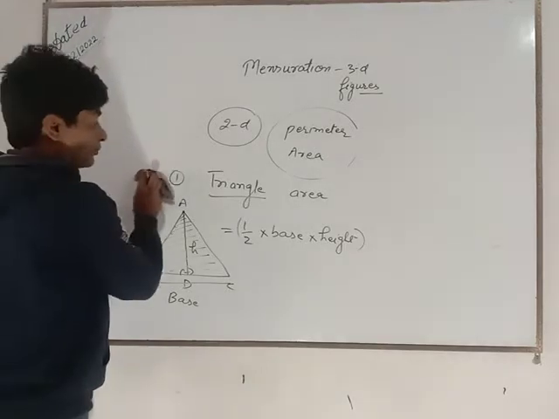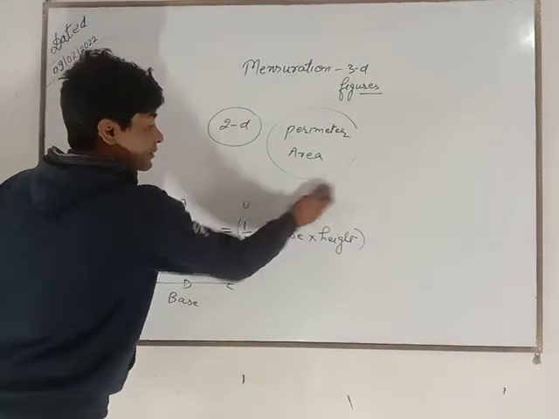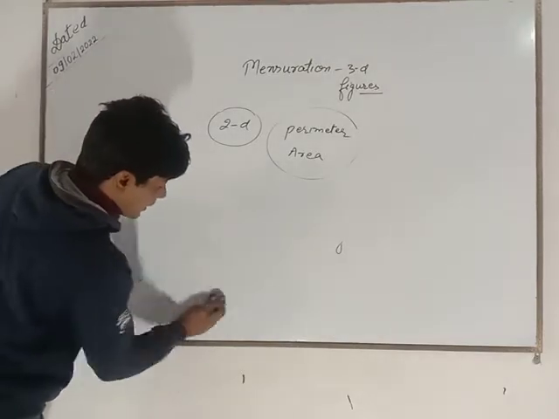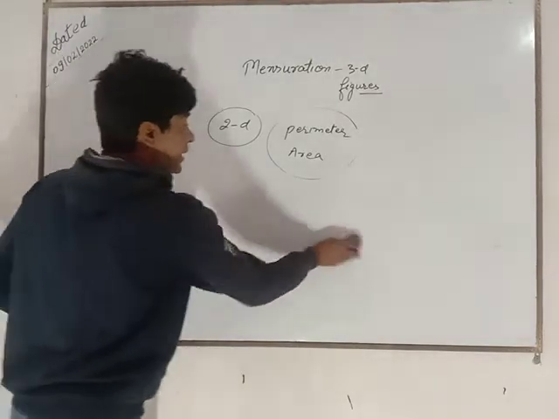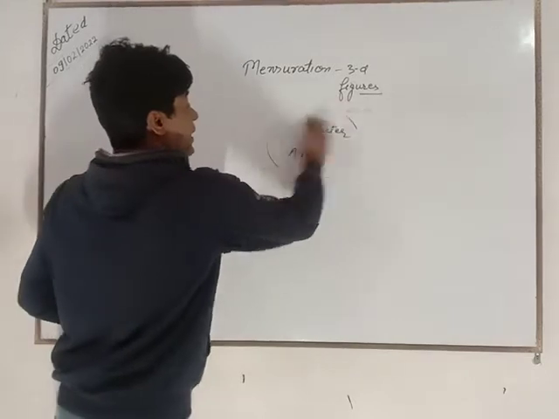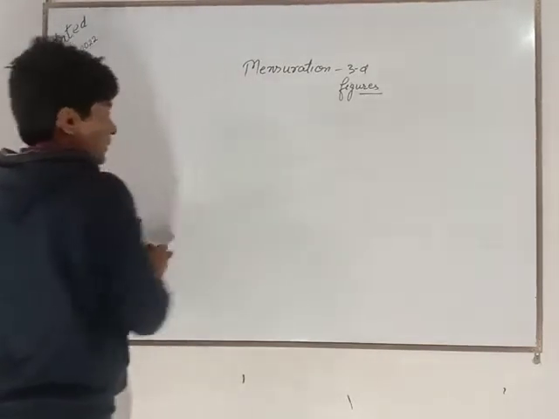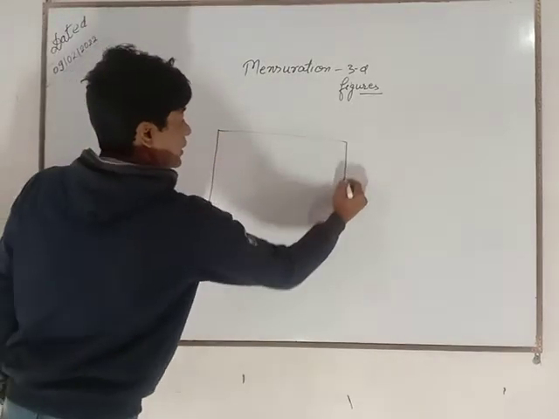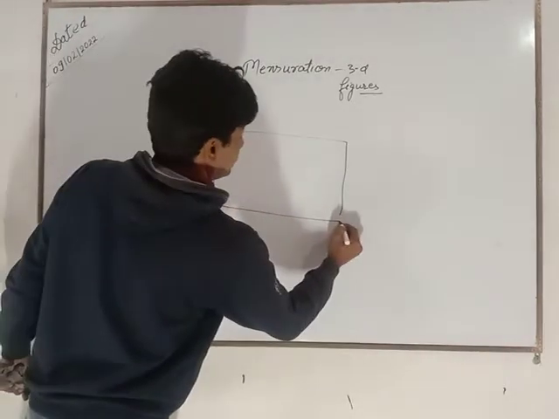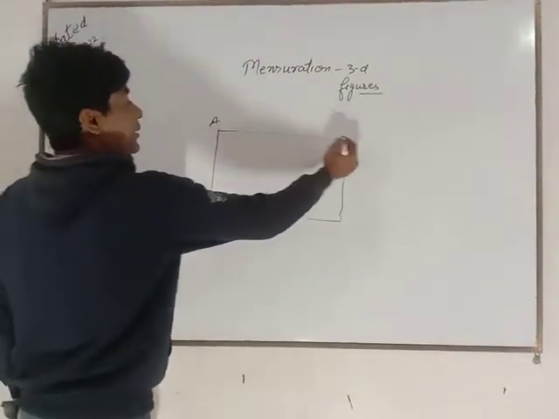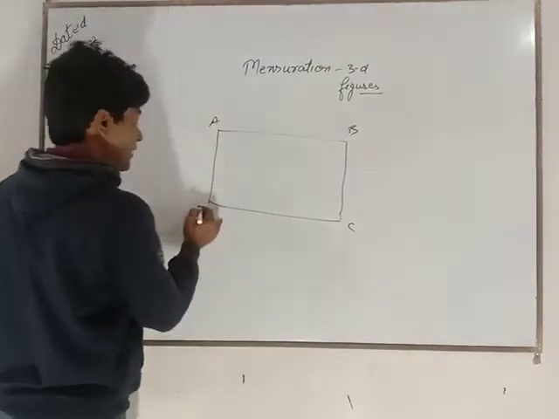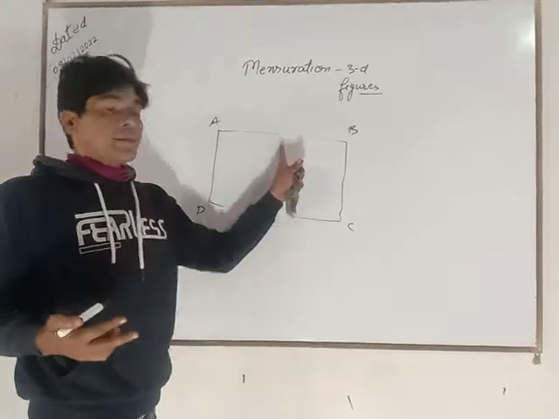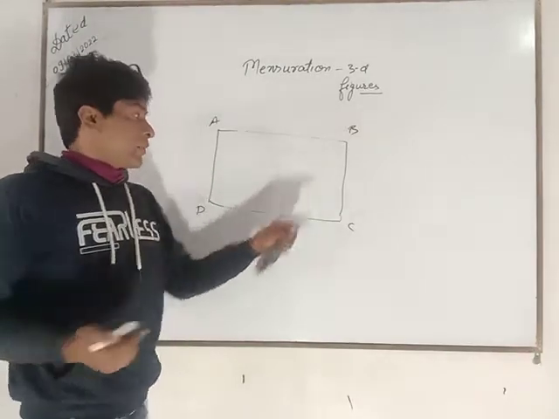Now, next is the perimeter and area of a rectangle. Right? This is a rectangle A, B, C, D. You know very well that opposite sides are parallel and equal.